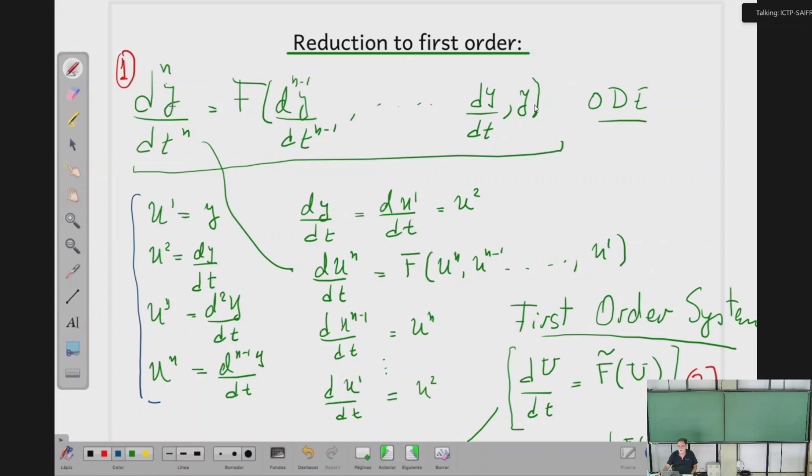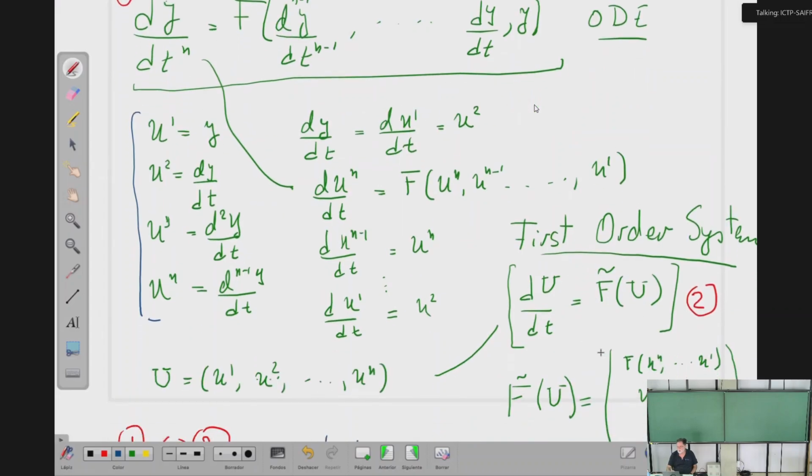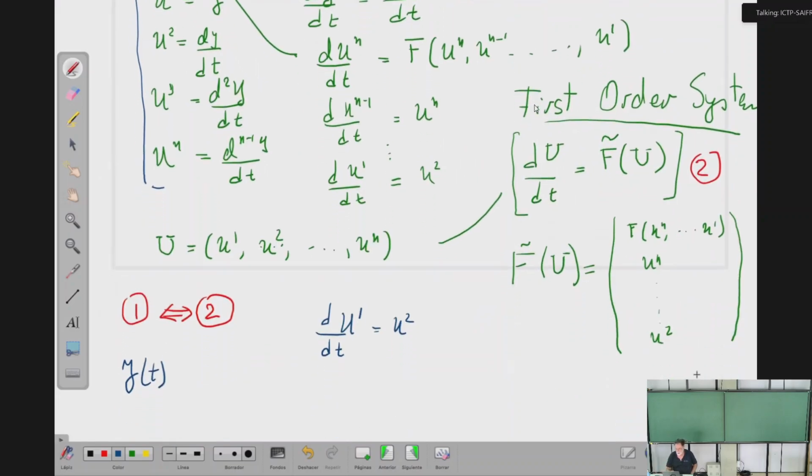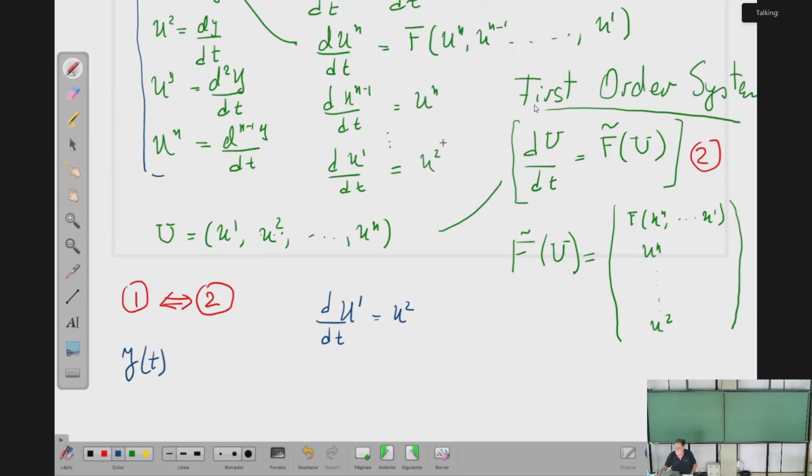The dun/dt is this equation, right? And this coincides with the first element of this. So these two are equivalent. And this is the normal form of writing the equations. Why? Because these have a nice geometrical interpretation, which we are going to see now. And once you know this geometrical interpretation, you understand most of ordinary differential equations.